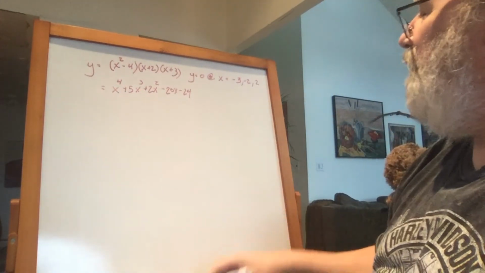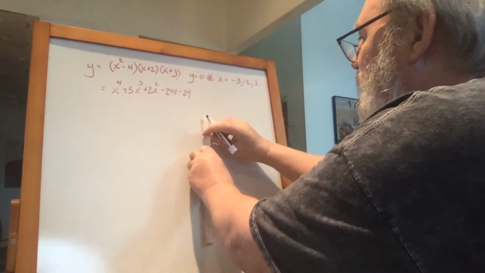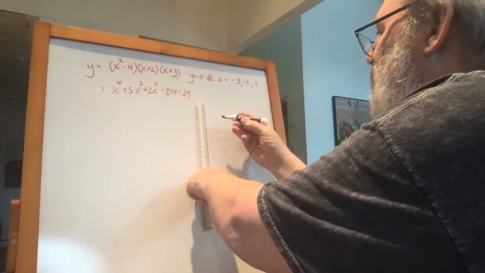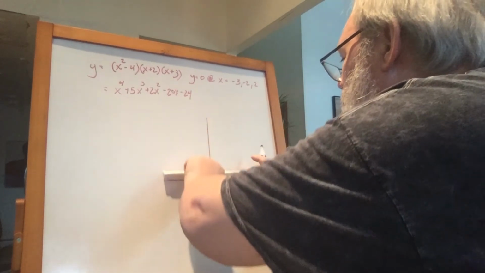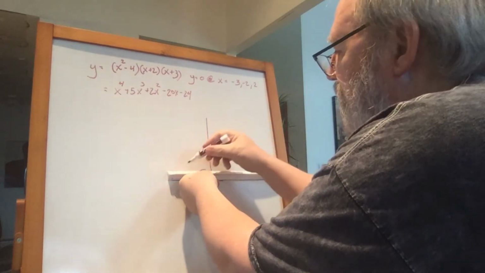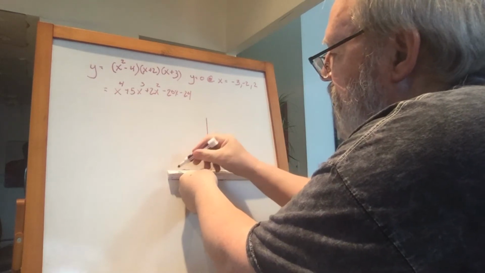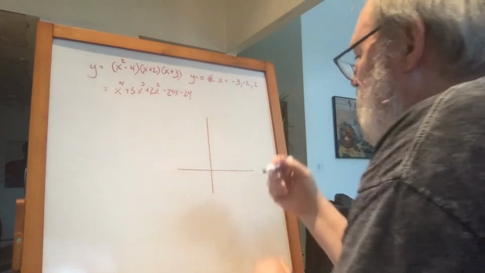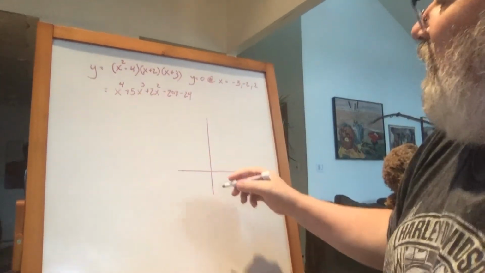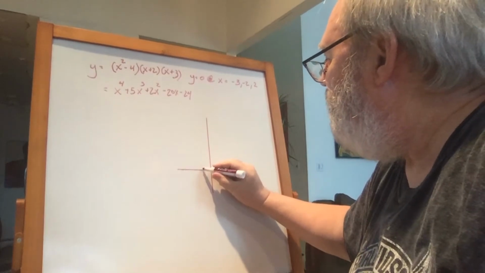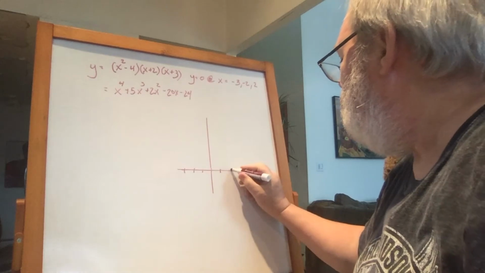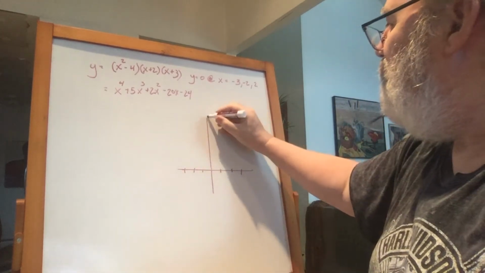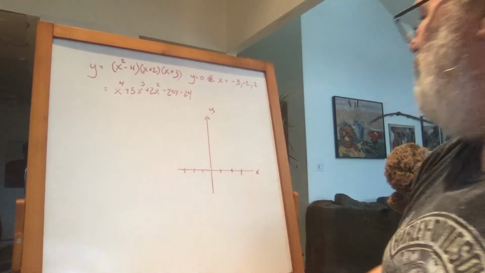So what we have is, when we have minus 1, minus 2, minus 3, and we got 1, 2, 3, and this is y and x.